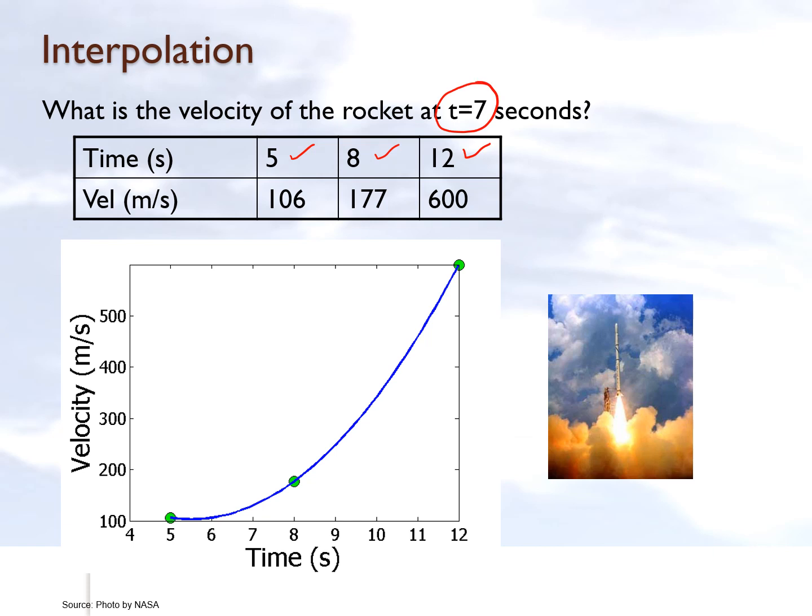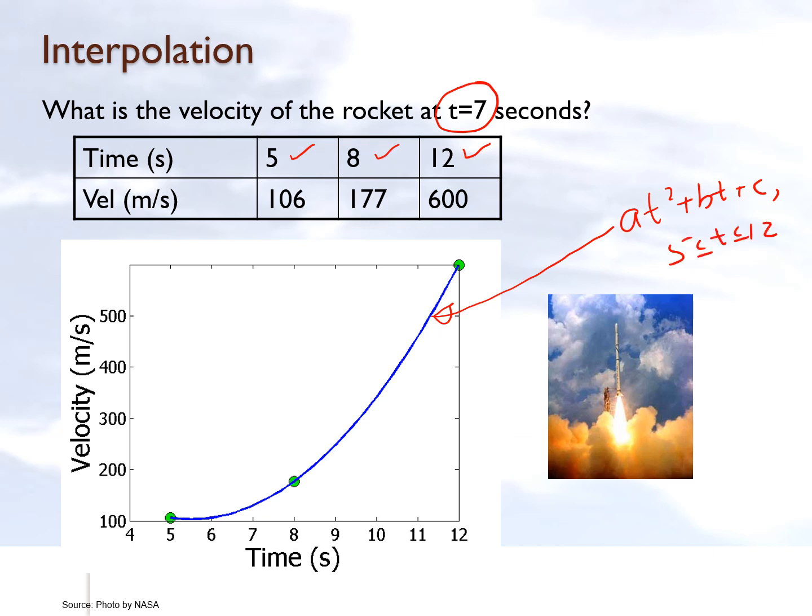Any curve which you're going to draw for interpolation has to go through the points which you have chosen. So for example, in this figure, if you remember the previous slide, we had the same three data points, and we used a velocity profile of at squared plus bt plus c between 5 and 12.